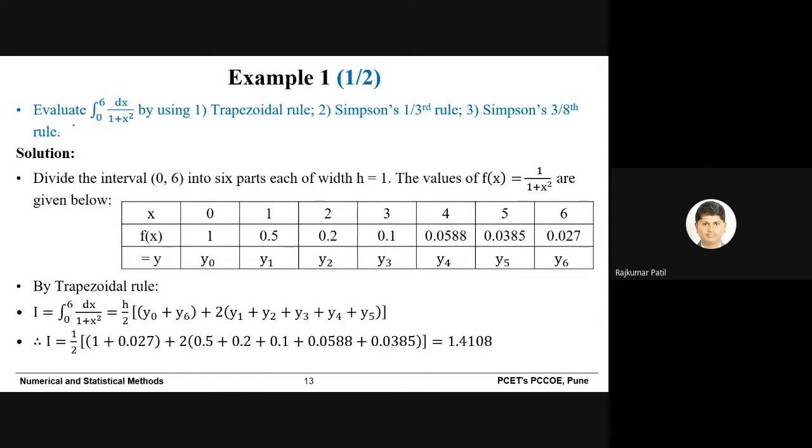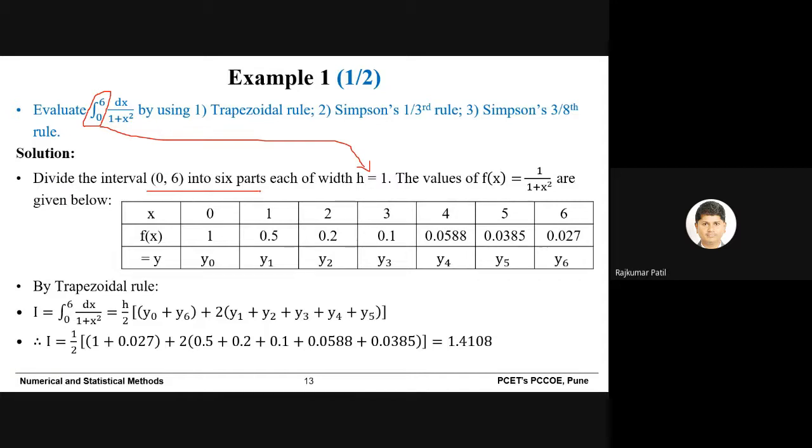So first, we check the values of the lower limit and upper limit. Based on these two values, we take the value of h in such a way that our calculations will be simple. So the lower limit is 0, upper limit is 6.